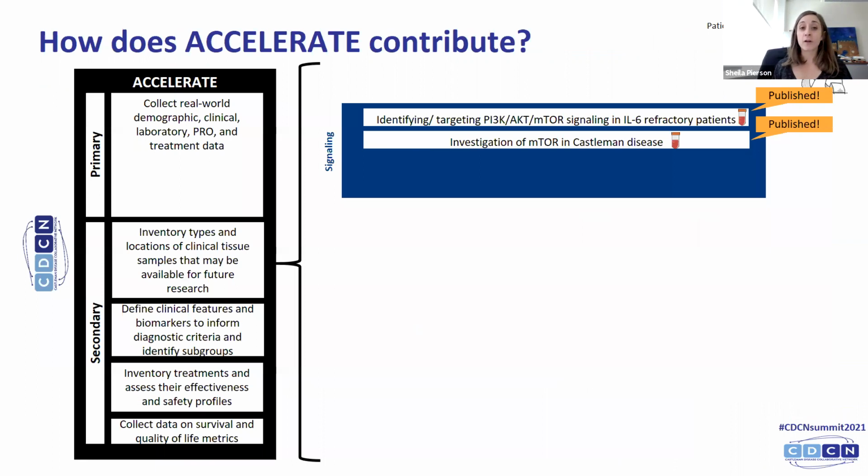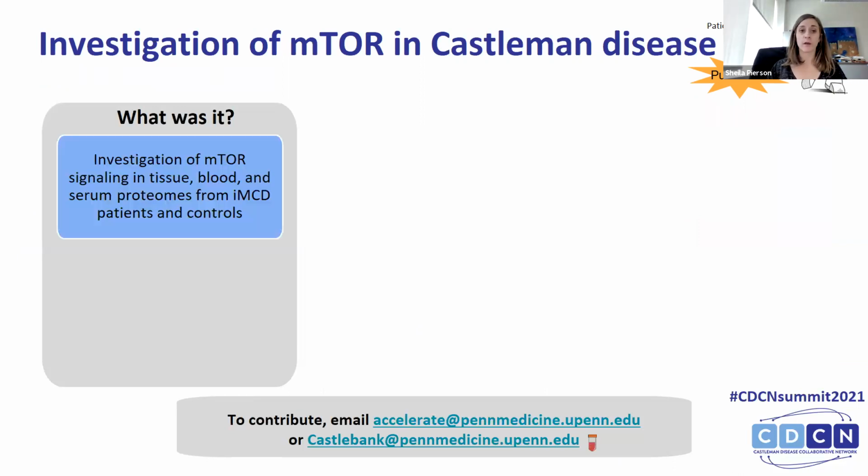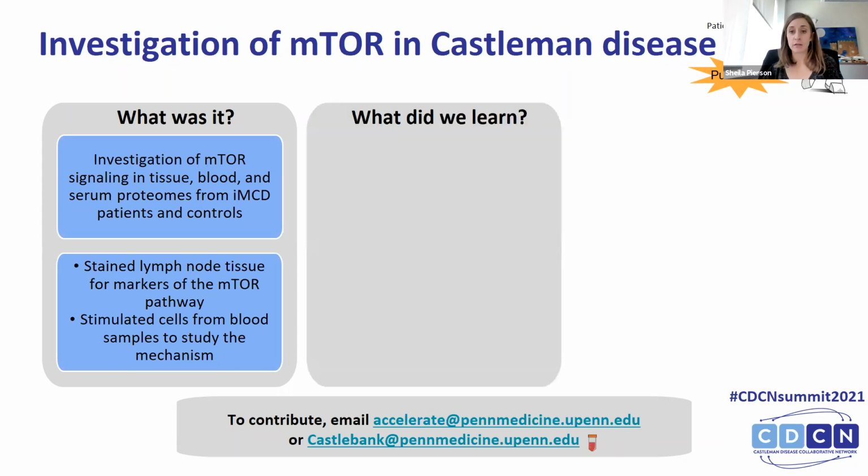All right, so from that, we did a further investigation of mTOR and Castleman disease. So what was this? Well, as I mentioned, we had found in those 3 patients that pathway was up. And so we did an additional investigation of mTOR in tissue, in blood, and in serum proteomes from IMCD patients and controls. So we stained lymph node tissue again for markers of the mTOR pathway. And we also stimulated cells from blood samples to study the mechanism that might be behind this.